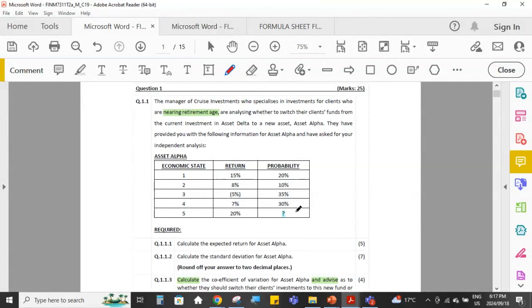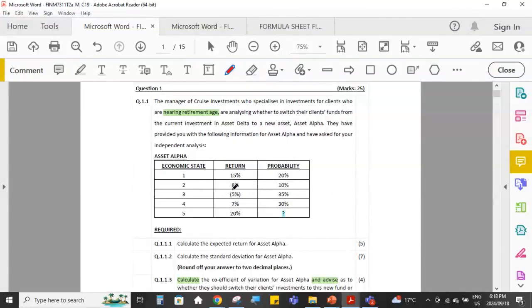So for our calculation, we are going to take 15% multiplied by 20%, plus 8% multiplied by 10%, plus minus 5%.